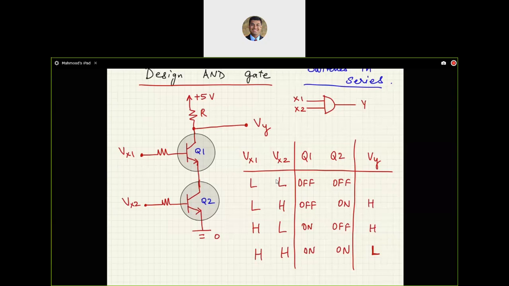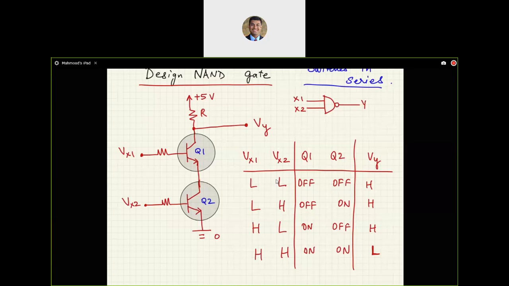Now, if I observe this output, it looks like high, high, high, low, which is exactly the opposite of the AND function, which is low, low, low, high. So this, in fact, is a NAND gate. So I'm going to have to adjust the symbol accordingly. I have a bubble in the front.